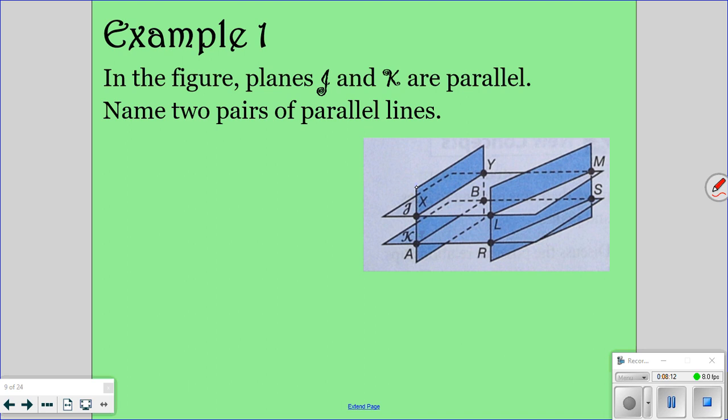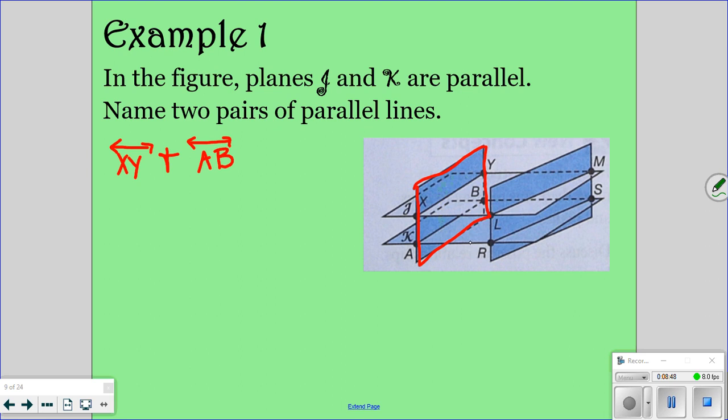So one plane that intersects J and K is this one right here. What is the intersection of plane J with the one that I have outlined in red? XY. And then what is the intersection of K with that same plane? Line AB. So those two have to be parallel because we know these two planes are parallel, and then this plane intersects them both. So these two lines have to be parallel.